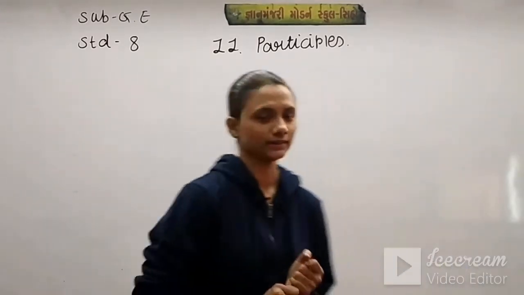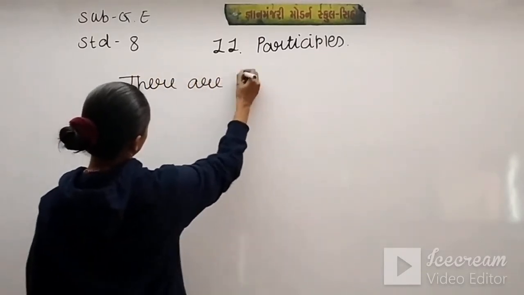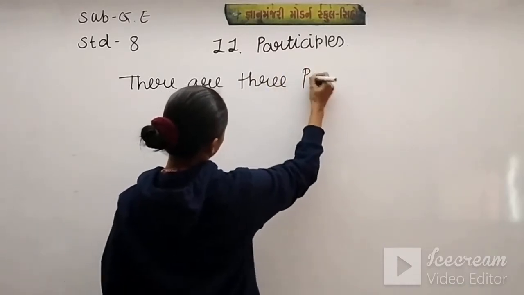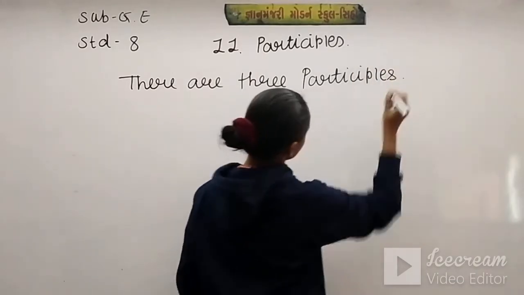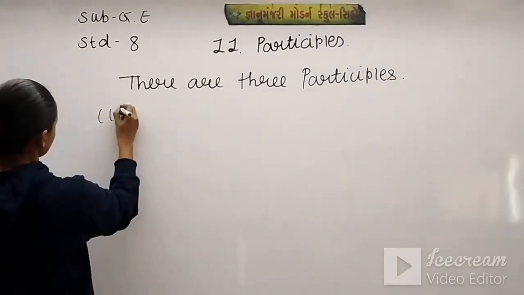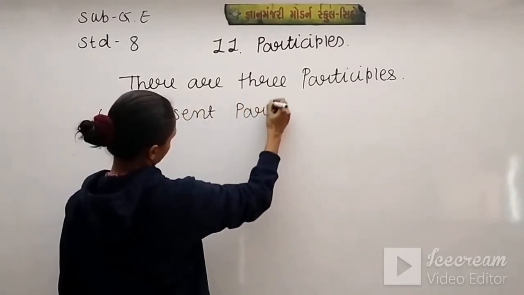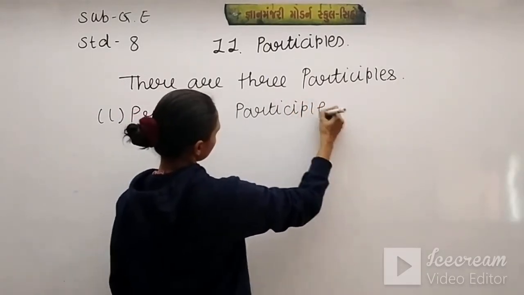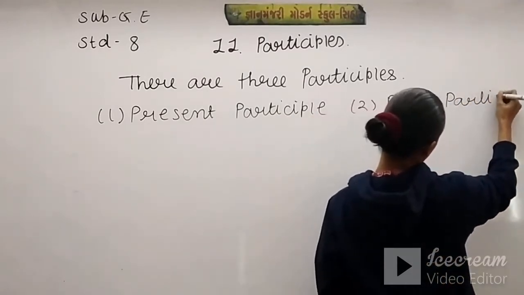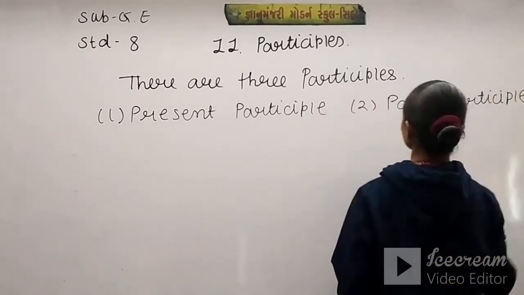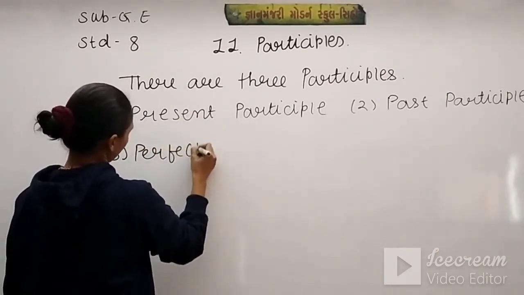Mainly there are three participles. Those are present participle, past participle, perfect participle.